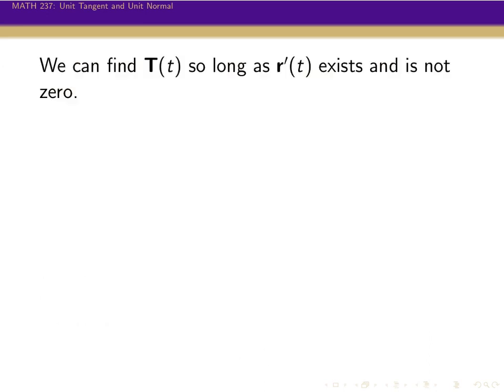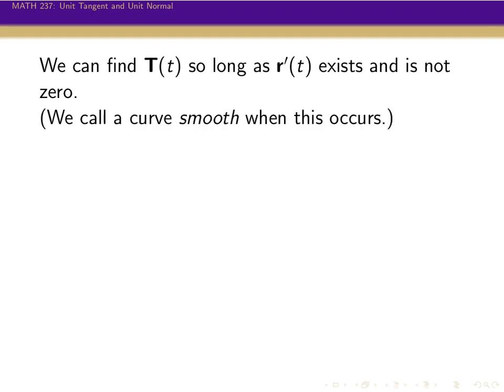If you look at the definition, we're able to find this unit tangent vector so long as we have r prime of t and it's not equal to 0. When that happens, we call a curve smooth. Really, the curve and the parameterization are smooth whenever the derivative is not equal to 0.